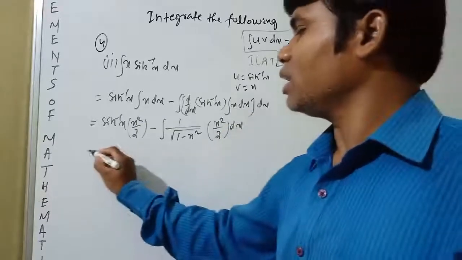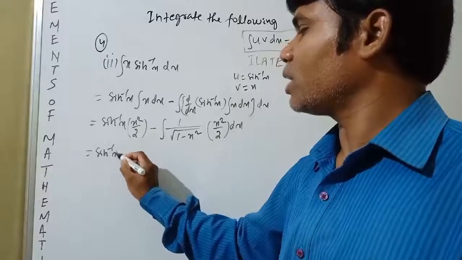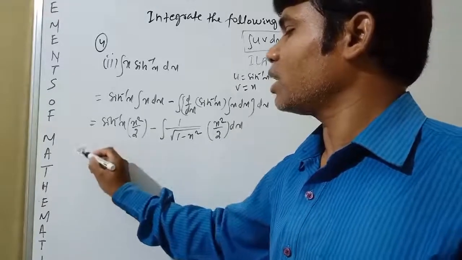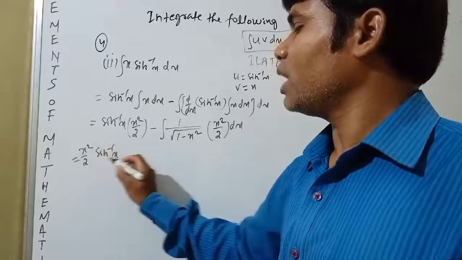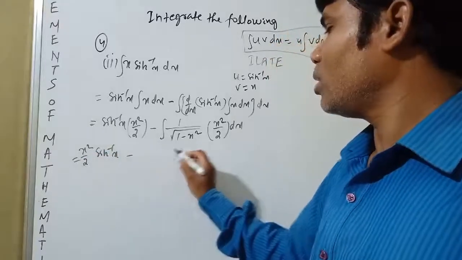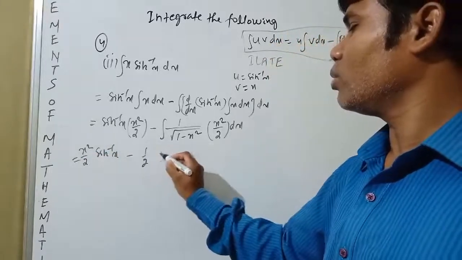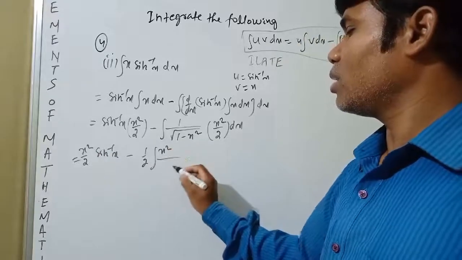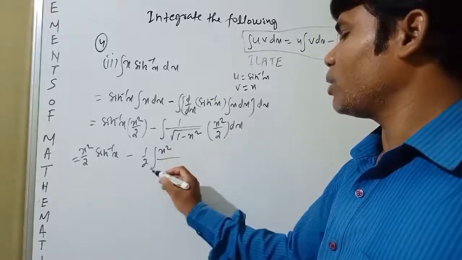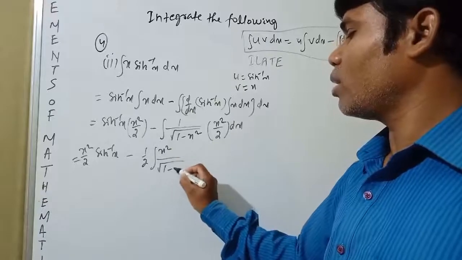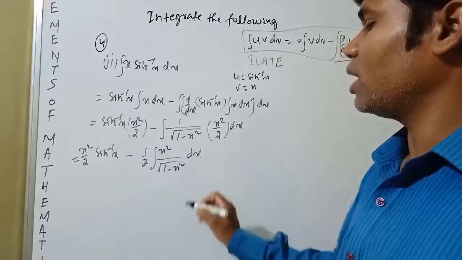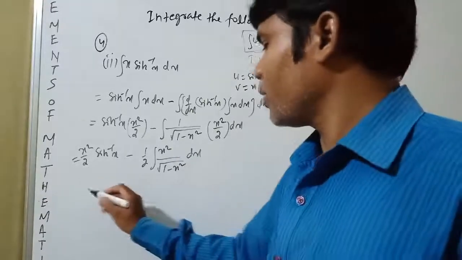You write here x square by 2 sin inverse x minus 1 by 2, taking 1 by 2 common because it is a constant, integration of x square by root over 1 minus x square dx.